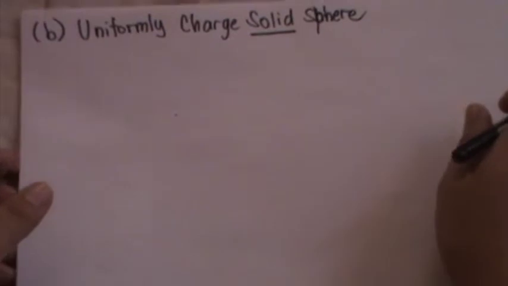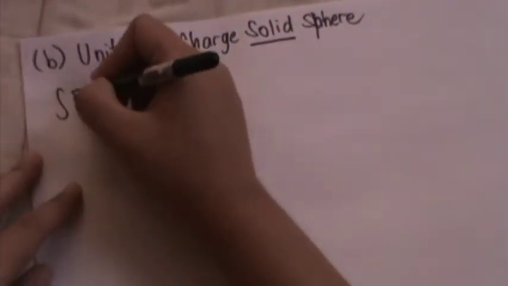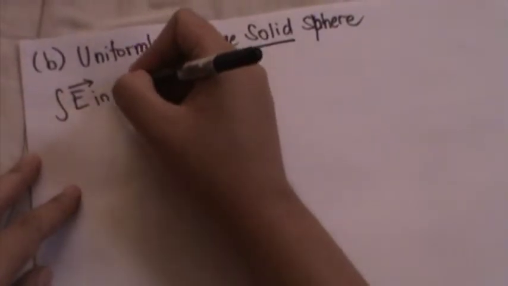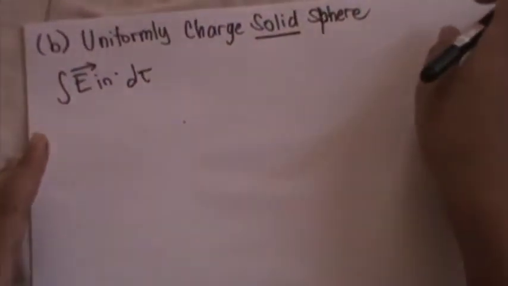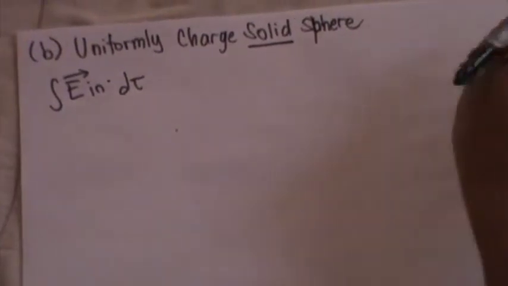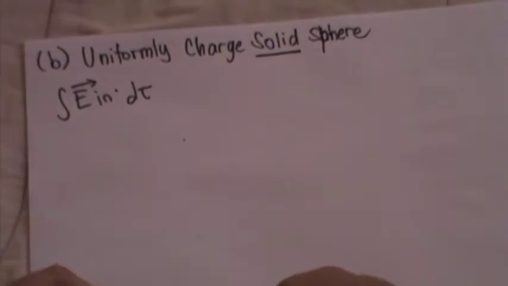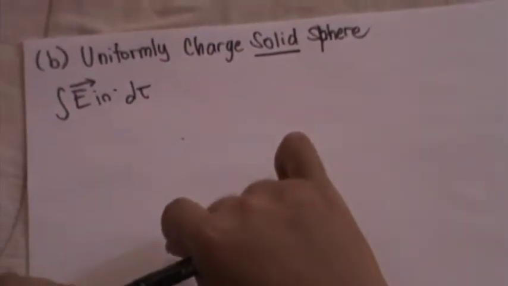So let us try to solve for the electric field inside of this uniformly charged solid sphere. We have the integral of the electric field inside multiplied by dA. Since we're also looking at volume charge, we have volume, whereas the previous one was surface.